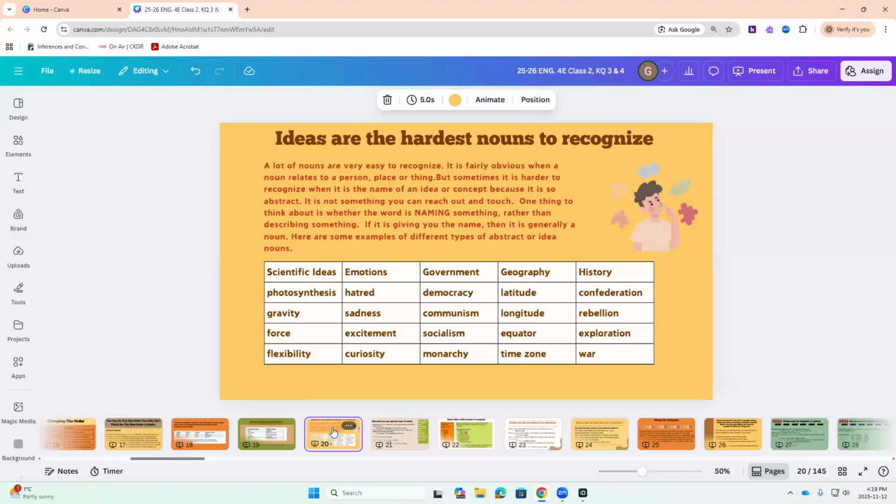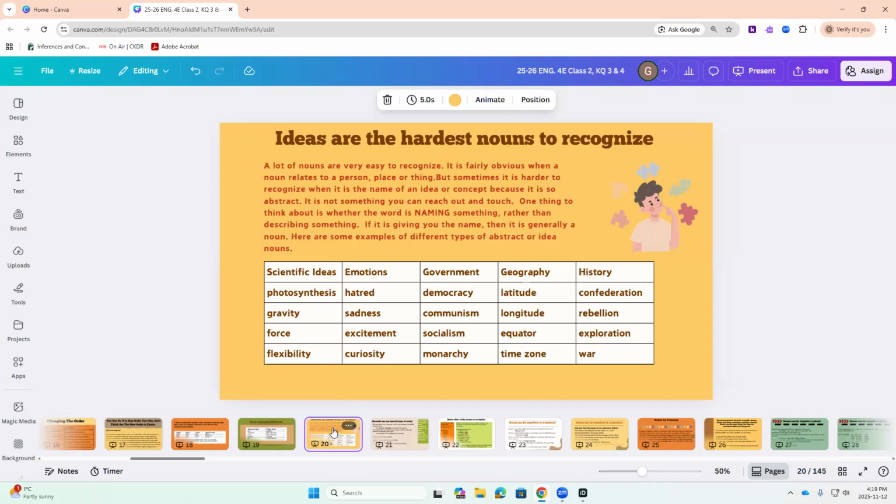Emotions: hatred, sadness, excitement, curiosity. Now those are tricky, because if I said hate, it isn't, it's the action of hating, I guess. The other ones are all kind of more like adjectives.